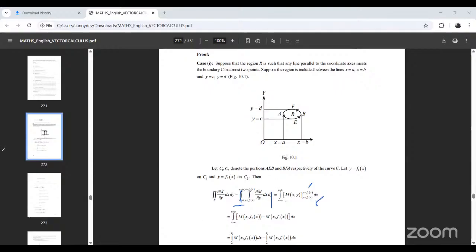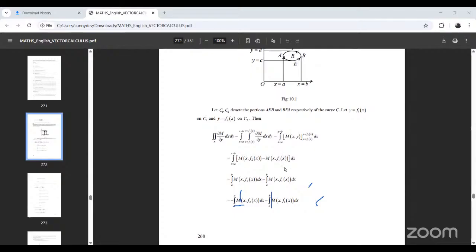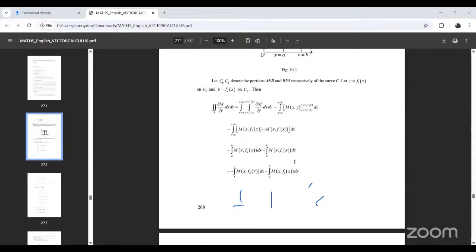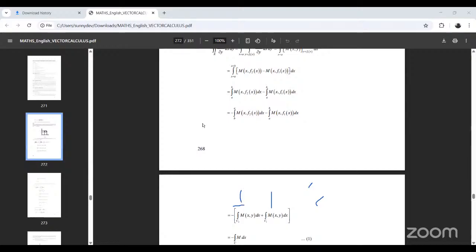In place of y we substitute f2 and then f1. So at the end we get M(x, f2(x)) dx minus M(x, f1(x)) dx. Here a to b is there, so I am changing it to b to a and putting the minus sign.